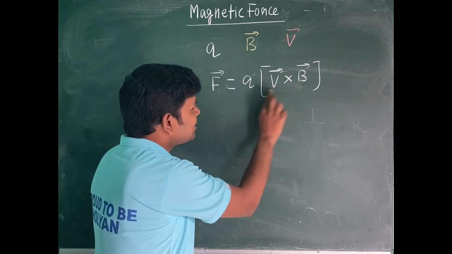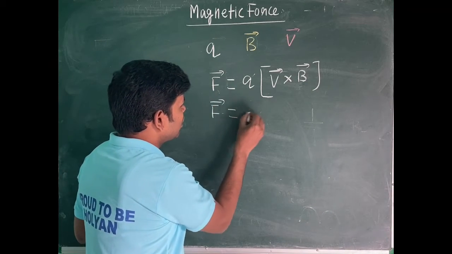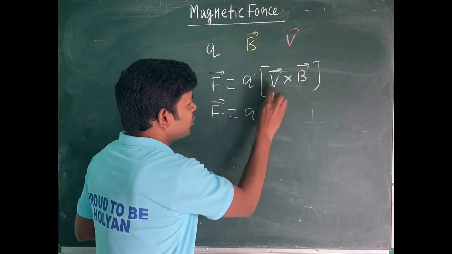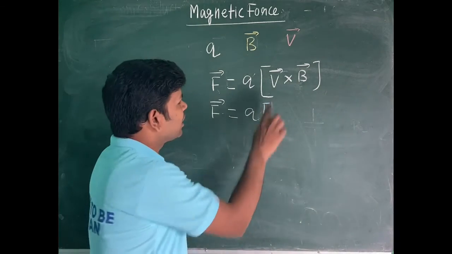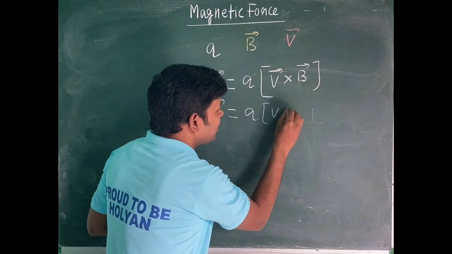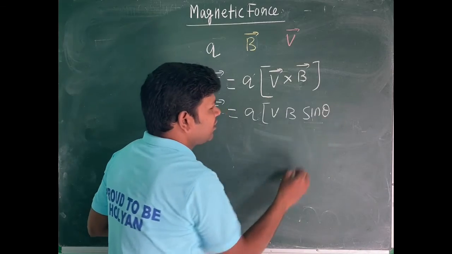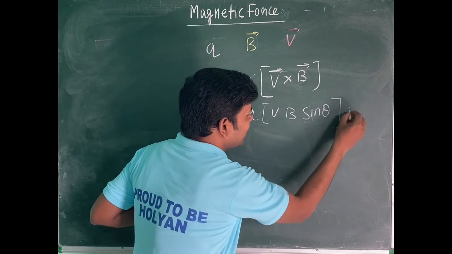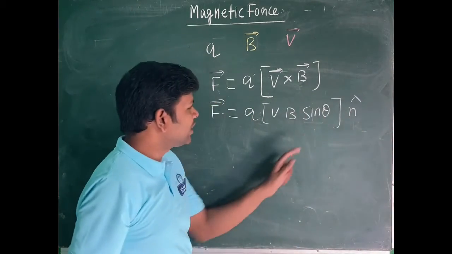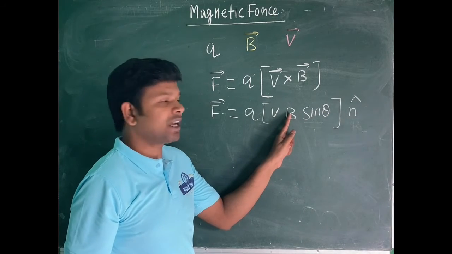Now let us analyze this equation. F can also be written as Q and the cross product of two vectors, V cross B. It can also be written as magnitude of V, magnitude of B into sine of theta, and we can take a unit vector n cap, where theta is the angle between the velocity vector and the magnetic field.